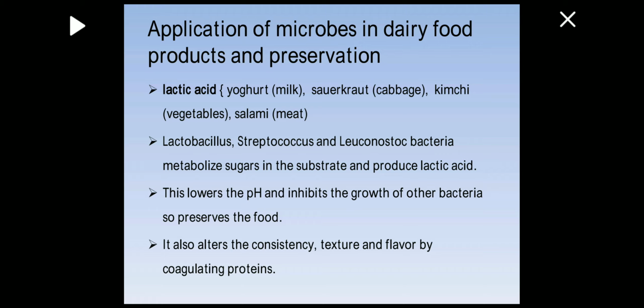And flavor is being altered by the lactic acid with the help of coagulating proteins. So these are some of the applications of microbes which are producing lactic acid, in dairy food products as well as preservation.